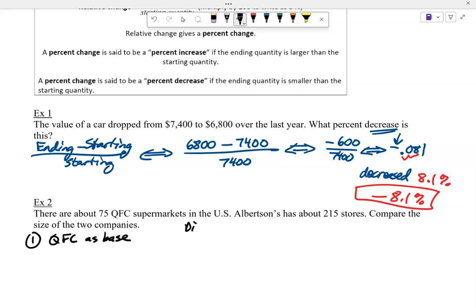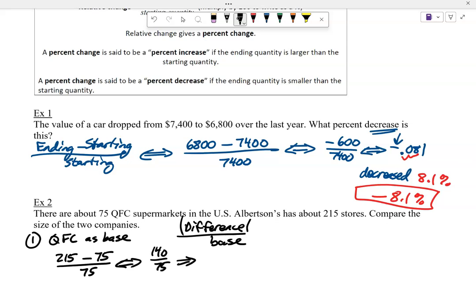So we're thinking to ourselves, what's the difference between the two, and then compare it to the base. So there's 215 Albertsons minus 75 QFCs. We're comparing it to the QFCs as our base. So we've got 140 over 75, or 1.867.